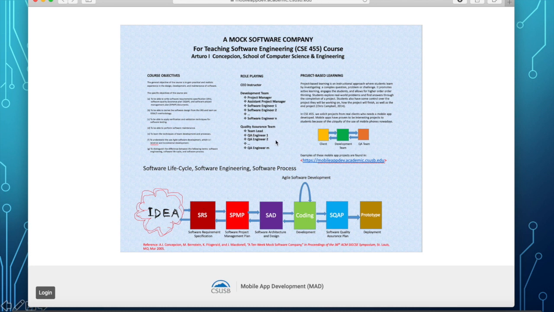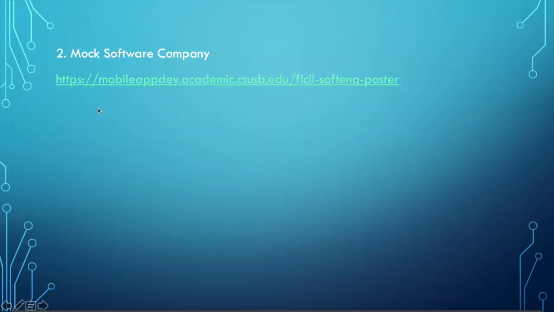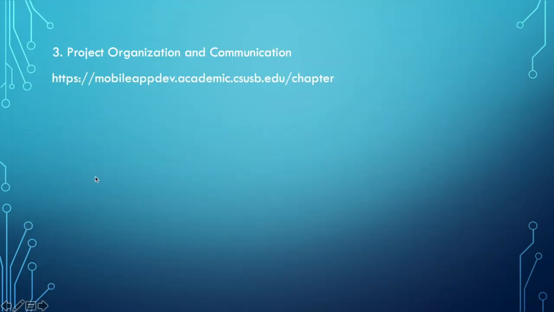For the QA team, there is a team lead and QA engineers as members of the team. You are playing that role, and hopefully, through playing the role, you learn what software engineering is. Okay? All right, let's move on.